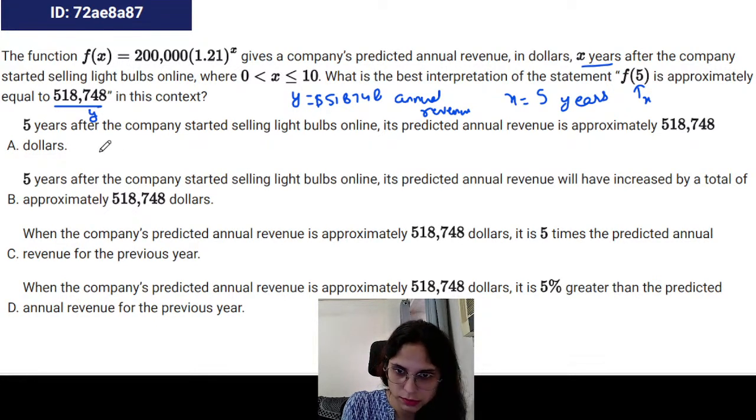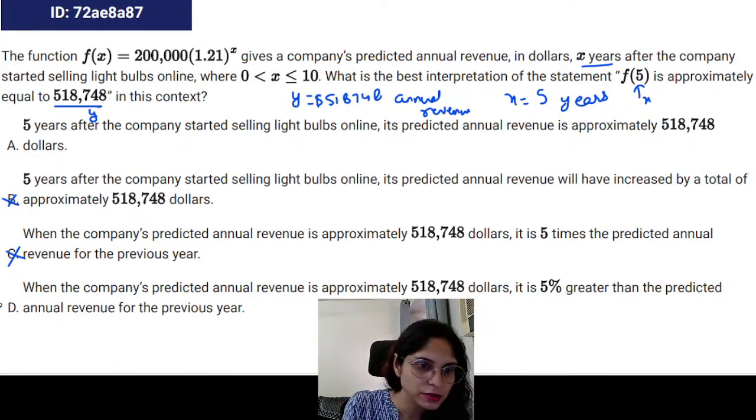Yeah, this is right. Revenue increased by a total, no, it is not increasing, it is exactly equal to 518,748. The company's predicted annual revenue is this much, it is 5 times, no, this is something else. 5% greater, no. So this is option A: after 5 years the revenue is 518,748.